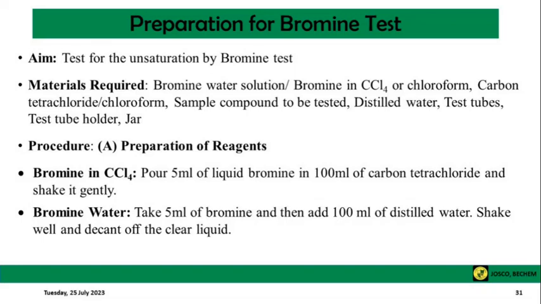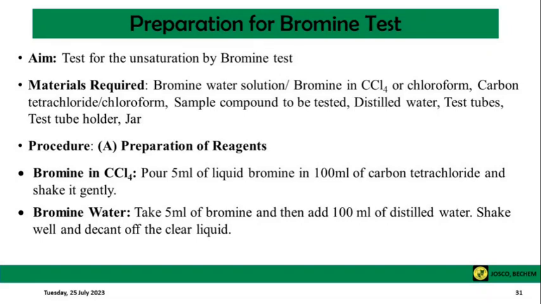So how then do we prepare our reagents? Here we are looking at two reagents, bromine in chloroform or bromine water. For bromine in chloroform or CCl4, you pour 5 ml of liquid bromine into 100 ml of carbon tetrachloride and shake gently.